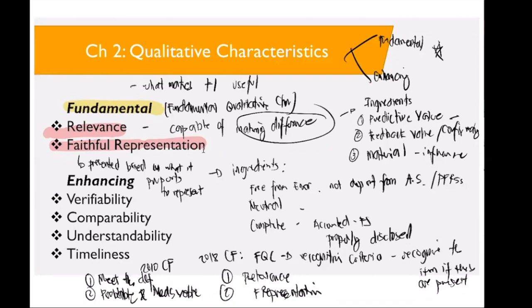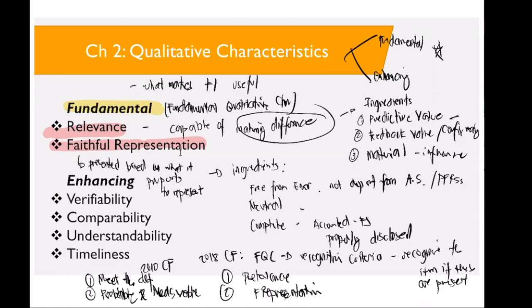When we say verifiability, it helps assure the users that information faithfully represents what it purports to represent. It means that your different users can reach a consensus as to a particular financial information. So for example, you represent that the property, plant, and equipment is a property, plant, or equipment.